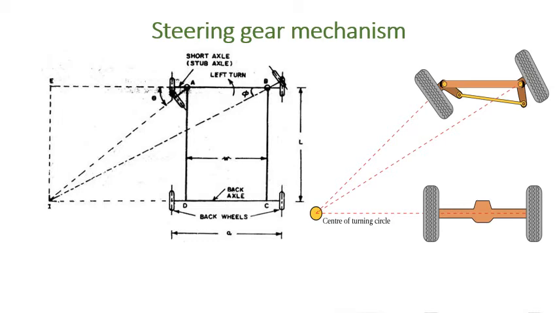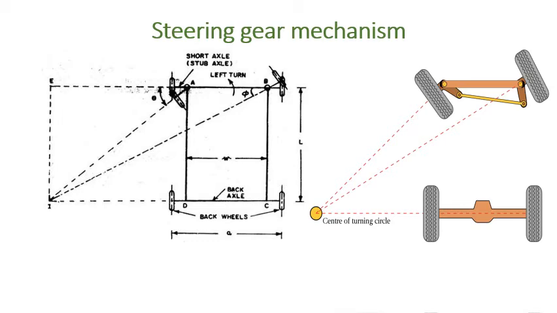Usually the two back wheels have a common axis which is fixed in direction with reference to the chassis, and steering is done by means of the front wheels. The front wheels are placed over the front axles, also called stub axles, which are pivoted at the points A and B as shown in the figure.